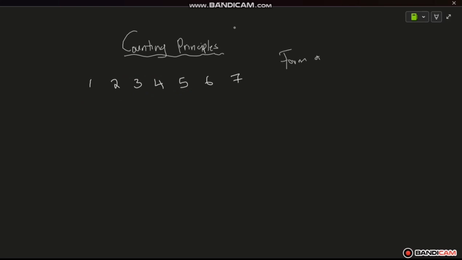You must form a 4-digit pin, maybe for your cell phone or for your ATM card. For anything that might need you to unlock it using a pin. Then they give you all these numbers. They want you to form a 4-digit pin, and they say that repetition is allowed.